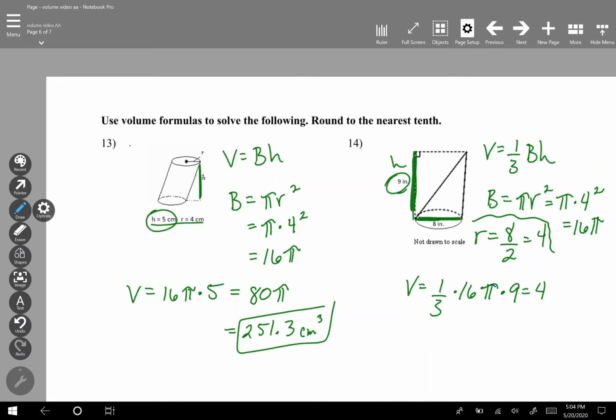So that's 48, but I did not put the pi in there, so I put 48 pi. And then if I want to round this to the nearest tenth, I do 48 times pi, I get 150.79 on the calculator, so it's going to be 150.8.